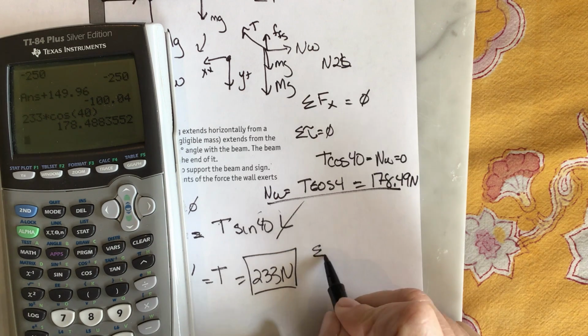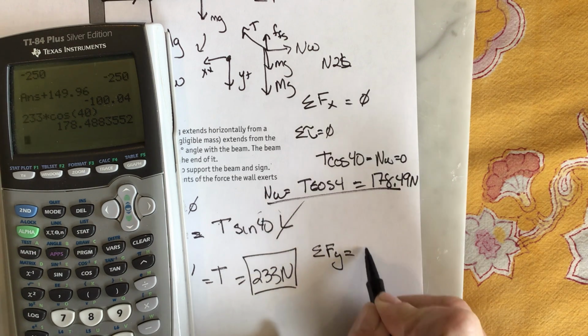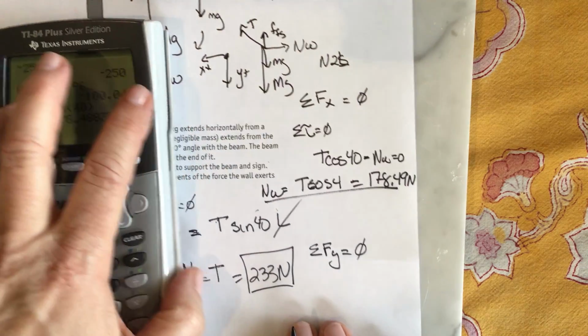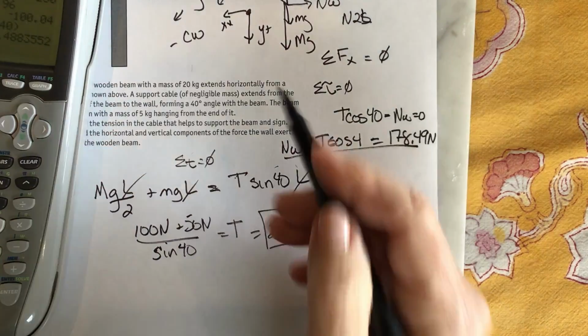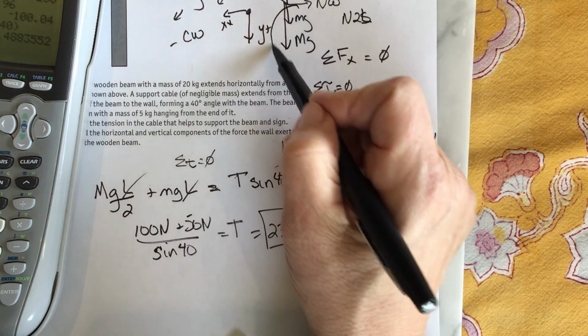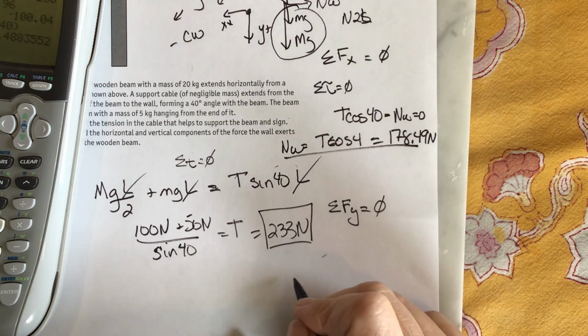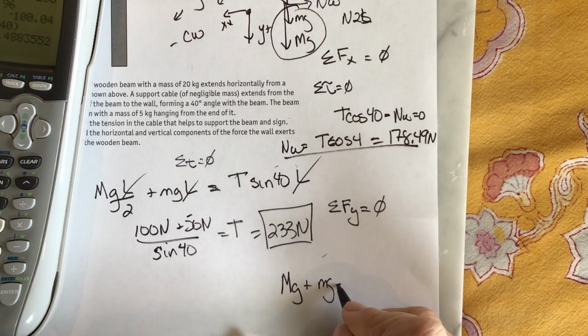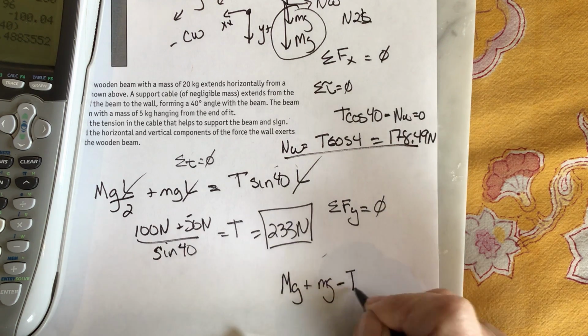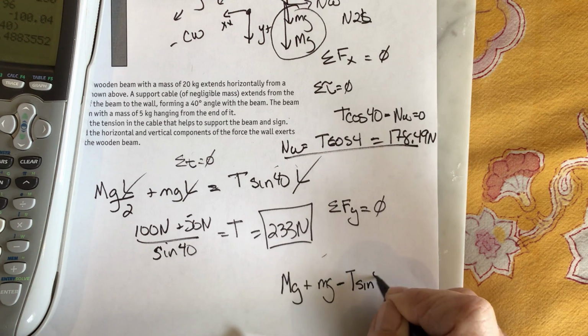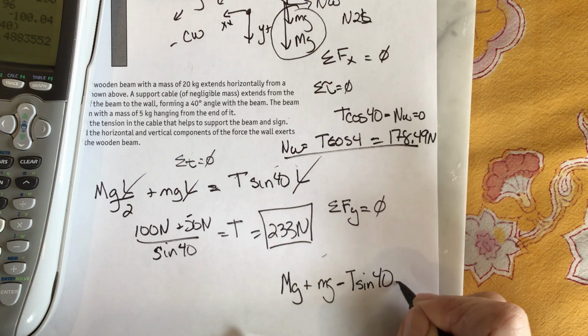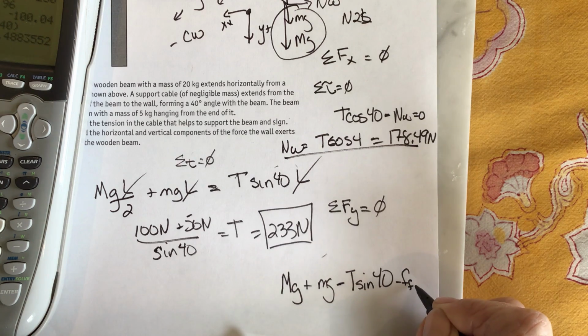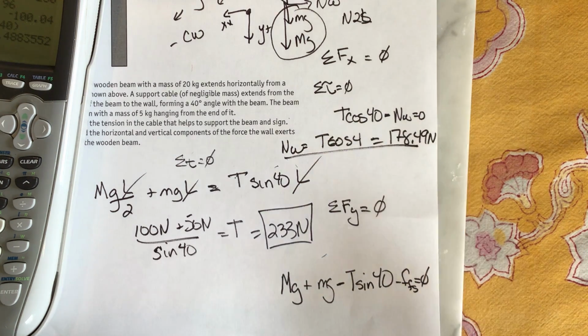In the y direction, I've got to sum the forces up in the y direction. Again, they're in static equilibrium. And so how many forces do we have in the y direction? Well, we said that this would be the positive. So mg of the beam plus mg of the sign, and then I can subtract the tension in the y direction and the force of friction, static, and that's going to give me 0.